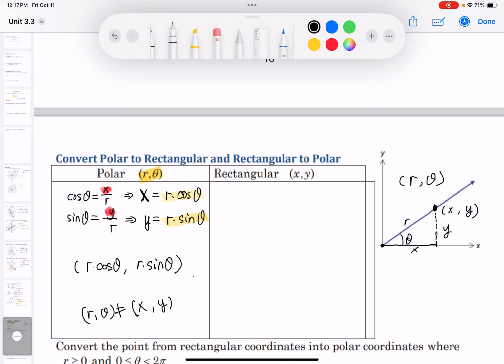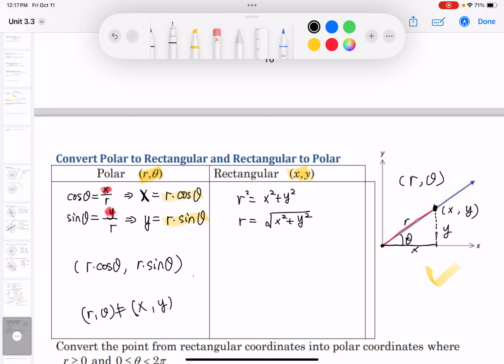Now if x, y is given, how do we find r and theta? Come back to the graph and figure out the relationship. What is r in this right triangle? It is the hypotenuse, so r squared is equal to x squared plus y squared. So r is equal to the square root of x squared plus y squared.